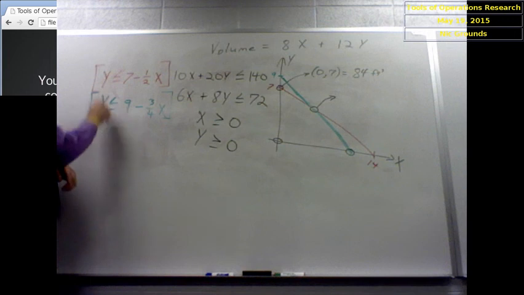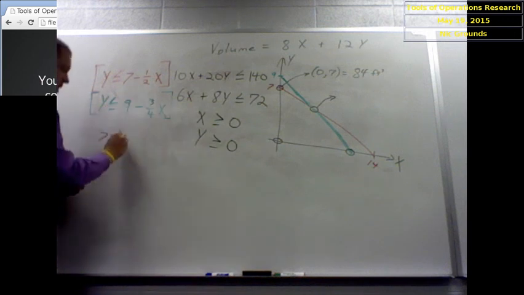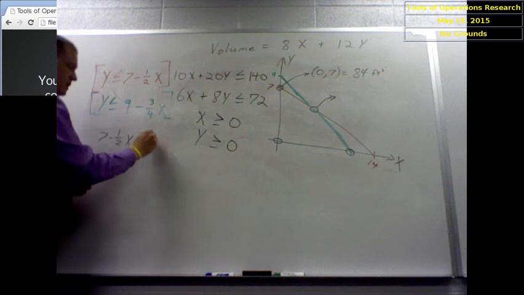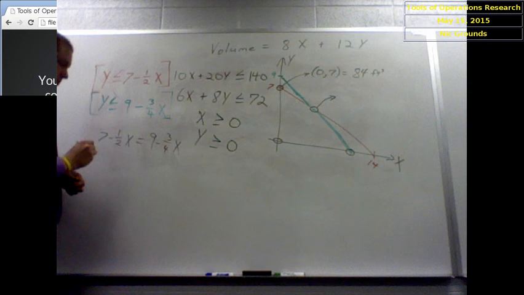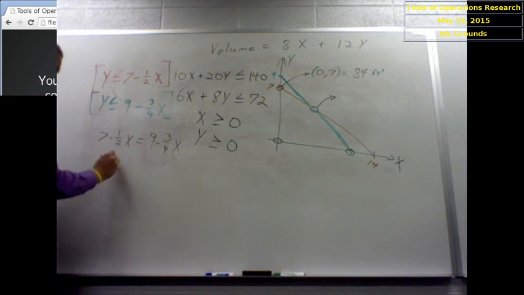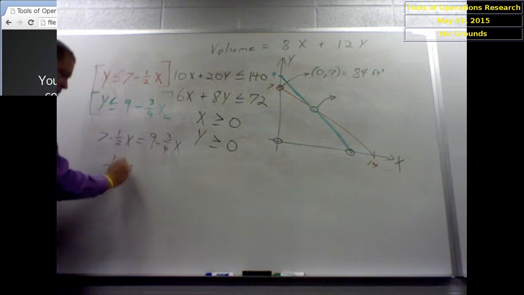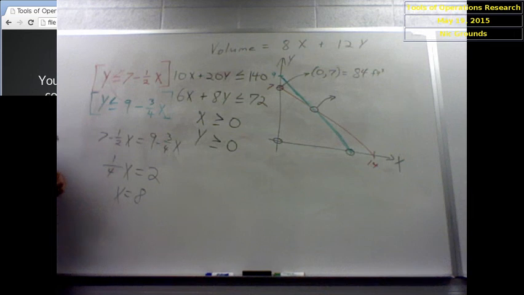That is, where does this y equal this y, which means 7 minus half an x equals 9 minus 3/4 an x. Okay? So we can move stuff around algebraically and come up with 1/4 of an x equals 2, which means x equals 8. Does that make sense?